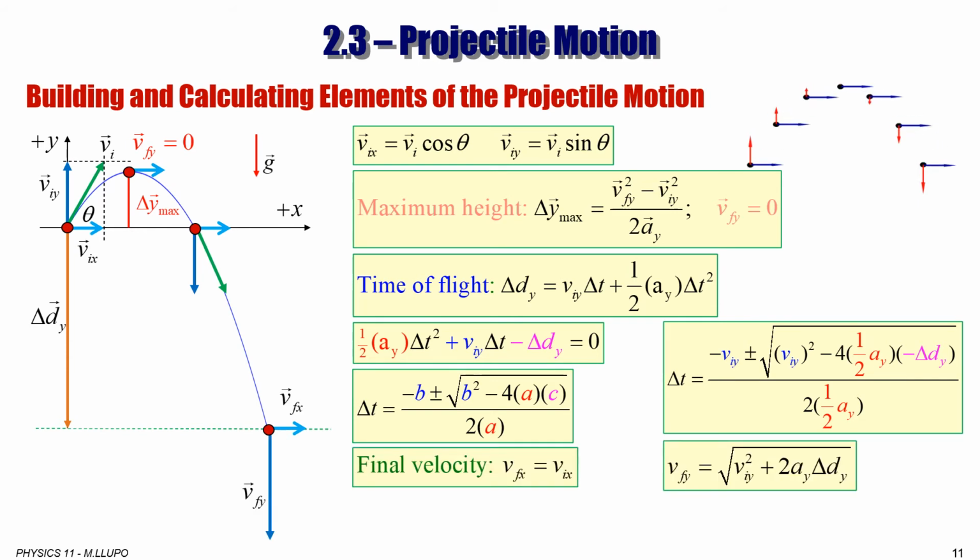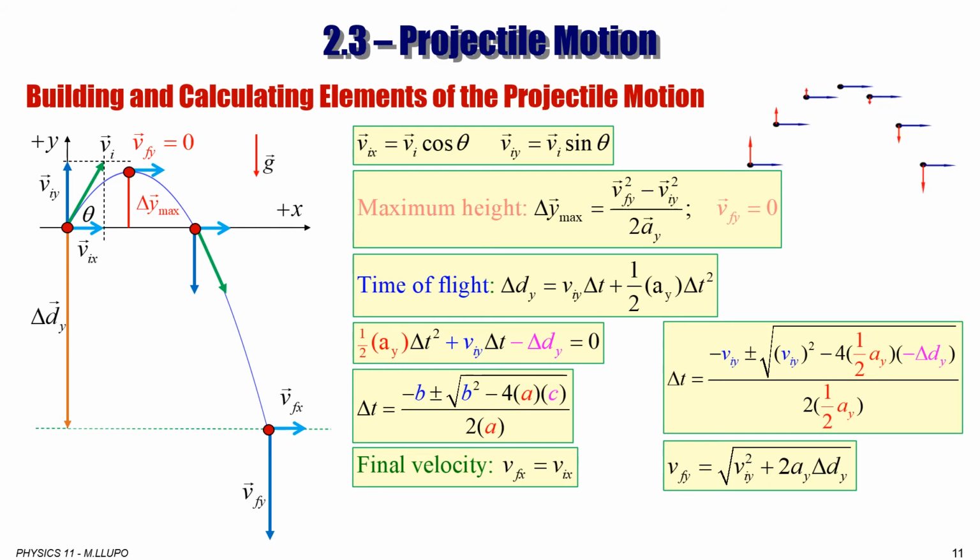Next step would be to calculate the final velocity. We know that the x component of final velocity is the same as the x component of initial velocity because it never changes. So now we just need to calculate the y component of final velocity, and we can use the fourth equation of kinematics: v final y is equal to the square root of v initial y squared minus 2ay delta y.